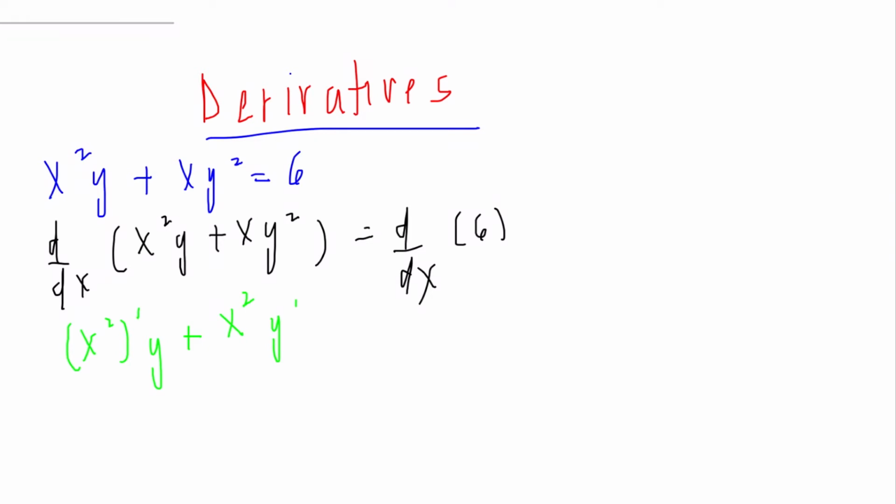If we have x squared y here and you want to differentiate them both, we are going to use the product rule where we first differentiate the first one and then multiply with the second one, then we add, we use the plus sign, and then what we do is keep the first one, multiply by the derivative of the second one.